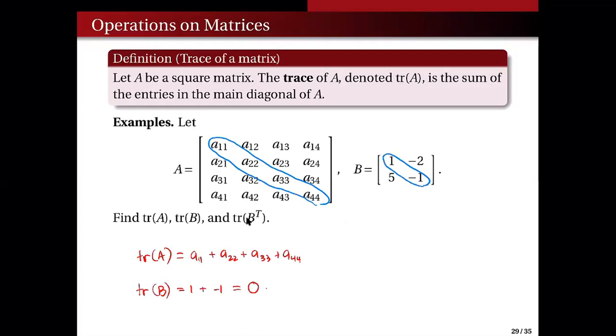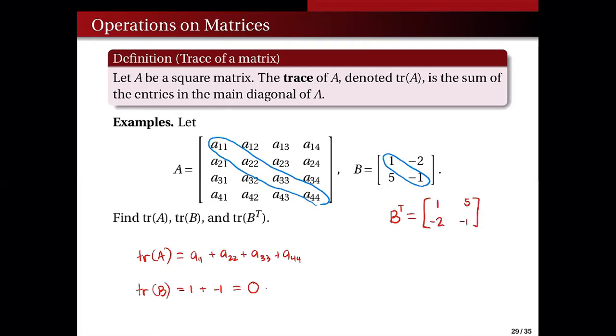Let's look for the trace of B transpose. For B transpose, let's start with that. The rows of B become the columns of B transpose. So this one here is 1, negative 2, and here you have 5, negative 1.